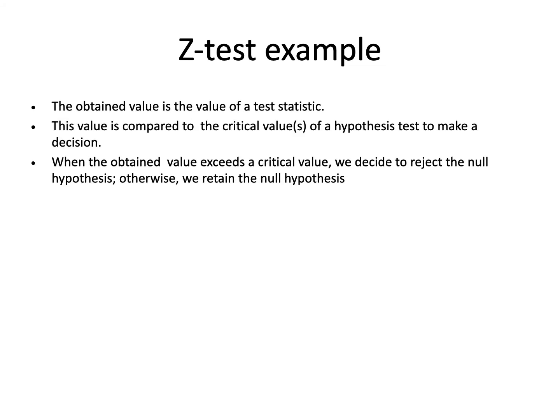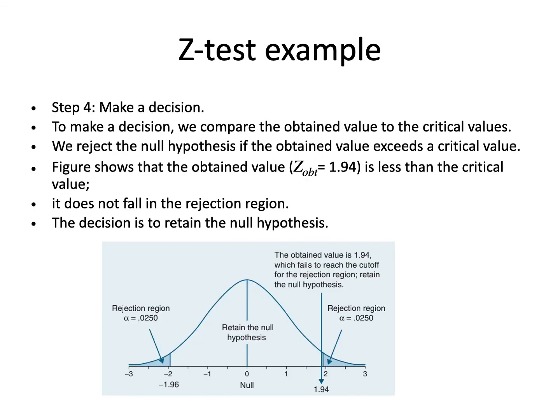The obtained value is the value of the test statistic, and this value is compared to the critical values of the hypothesis test to make a decision. When the obtained value exceeds the critical value, we decide to reject the null hypothesis, otherwise we will retain the null hypothesis. Here we make a decision and compare the obtained value to the critical values.